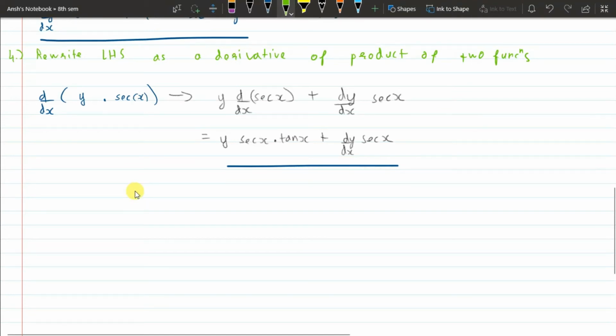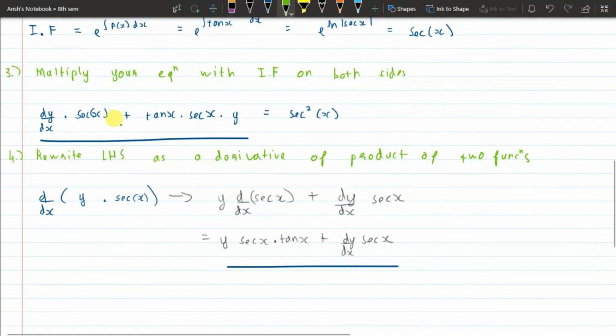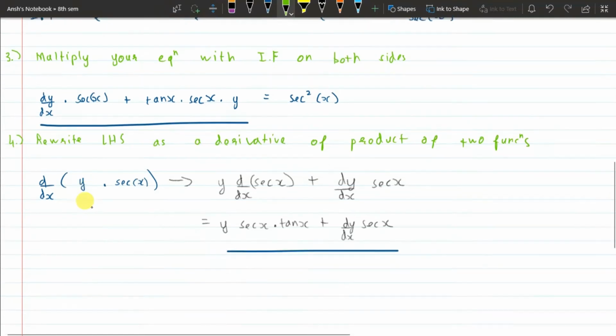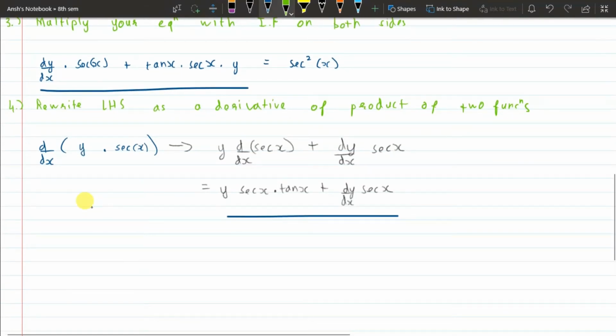But let's continue ahead. So what we've done is we've rewritten the left hand side as the derivative of a product of two functions, and I'll just add the right hand side here for the sake of completeness. On the right hand side we had sec square x, so let's just add that.